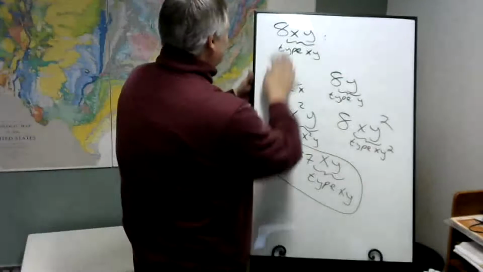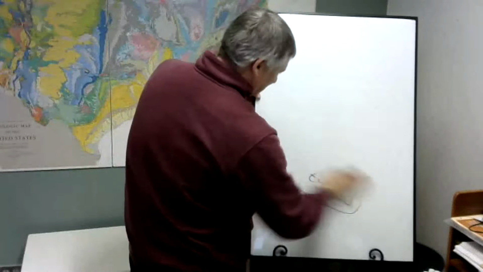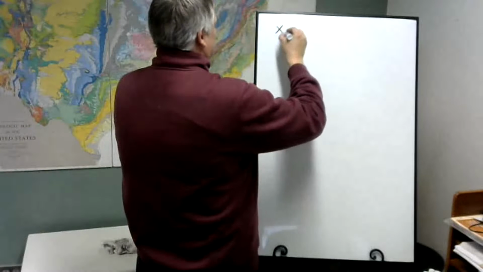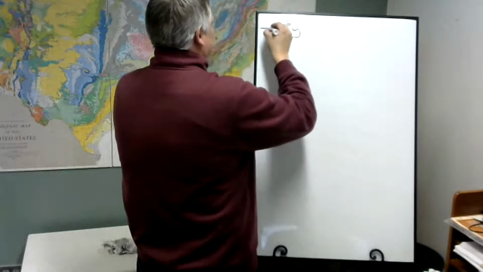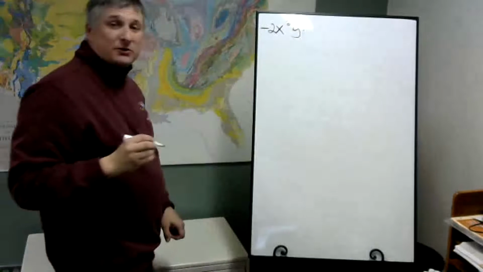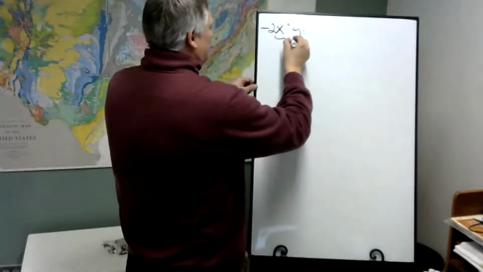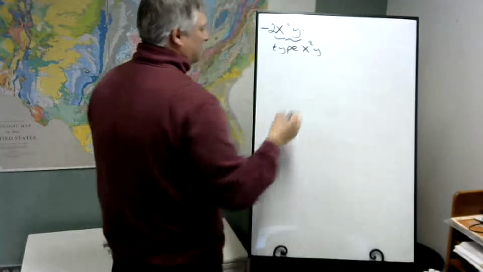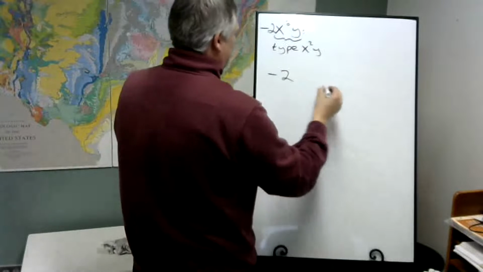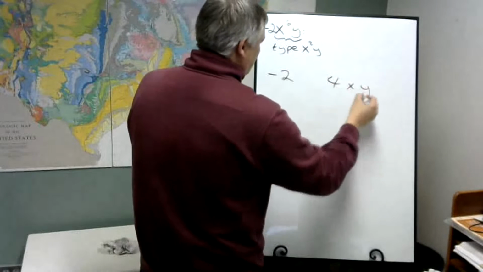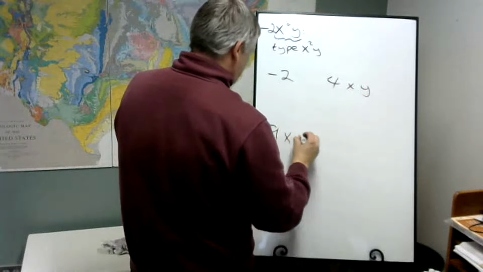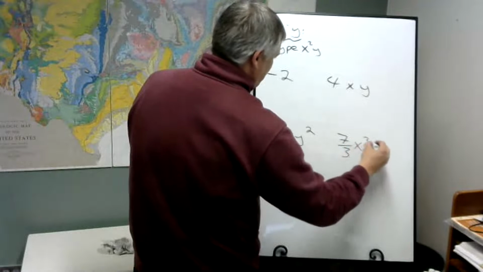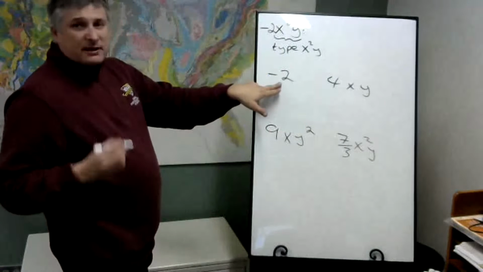I'll do another example. Negative 2x squared y. Well, looking at the variable, this is a type x squared y. So if these are our choices, well, first off, this is a type constant.